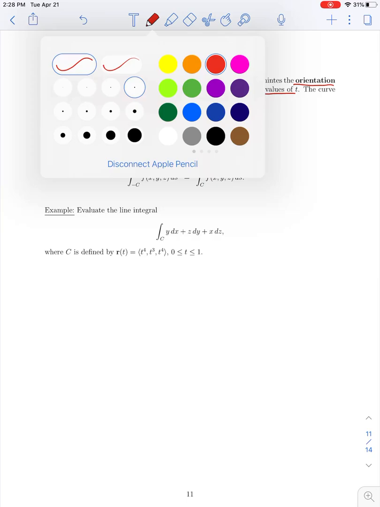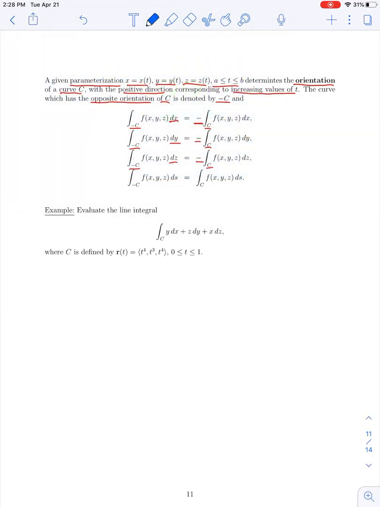But one thing to be a little bit careful of is if we are evaluating the line integral over a curve with respect to arc length, the order that we traverse that curve does not matter. If we traverse it in the opposite direction, we get the same value as we would if we were to integrate that line integral over the same curve taken in the forward direction.